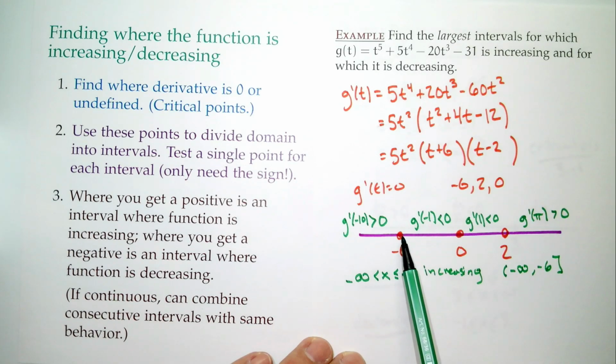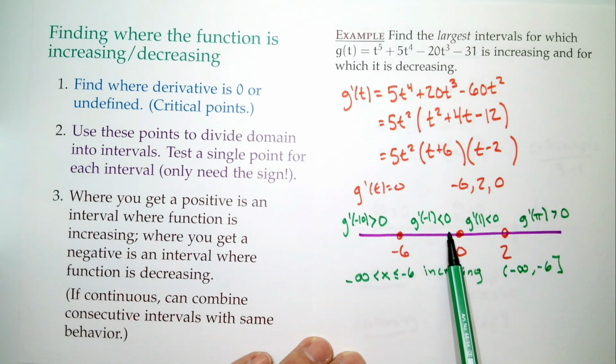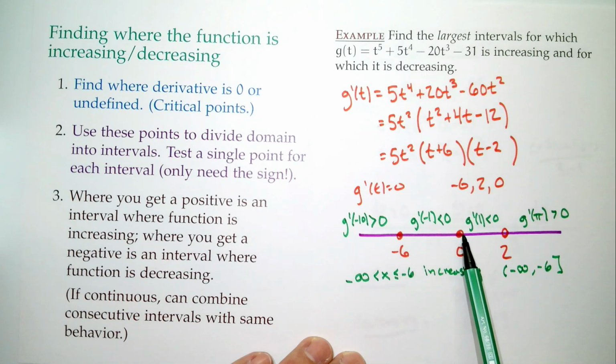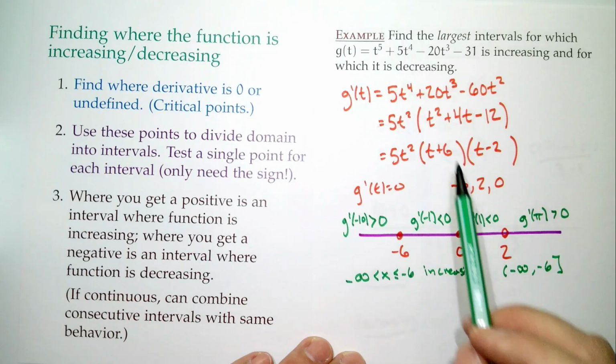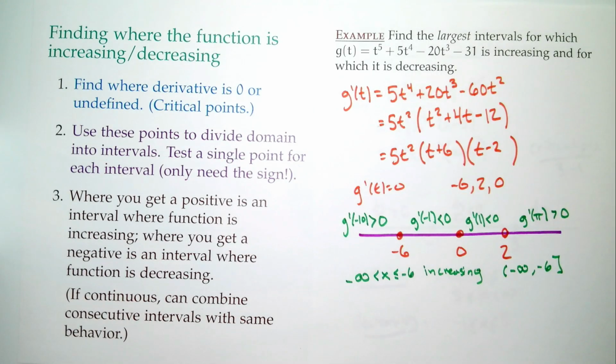Okay, now we switch because we're negative. All right, we're decreasing because negative, up to where? Up to 2, because we're definitely decreasing from negative 6 to 0, and we're increasing from 0 to 2, and this is a nice function. It's continuous. So we actually get to merge these two together. Again, we can use that 0 in the middle as our glue.